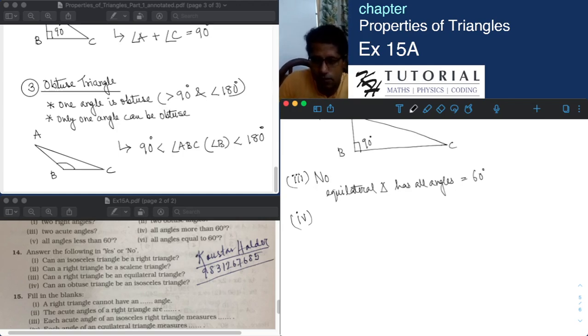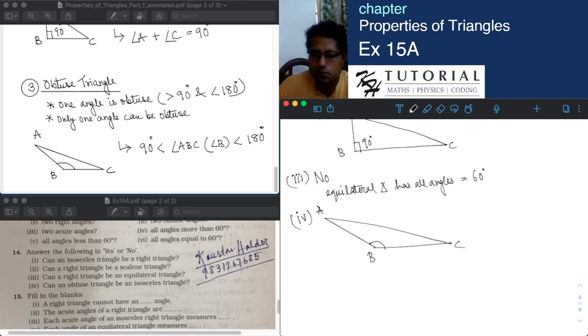So if we have, let's say, one obtuse angle, and this is A, B and C. So the triangle formed is ABC, but this is obtuse. The question is, can we have in such a triangle two sides equal? Because an isosceles triangle means two sides will be of equal length.